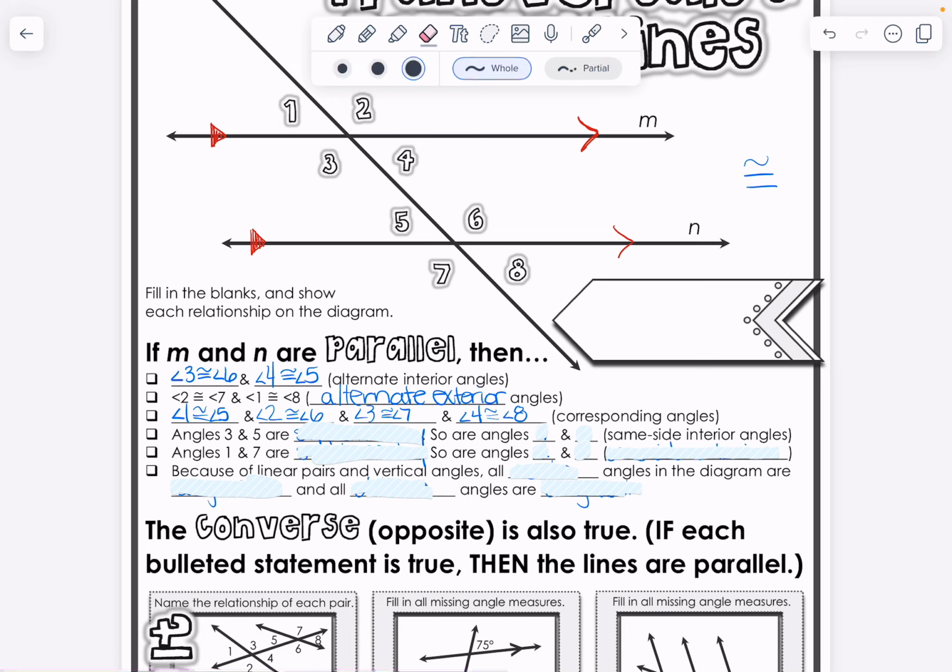They are going to be supplementary. So angle 3 and angle 5 will be supplementary, and so will angles 4 and 6.